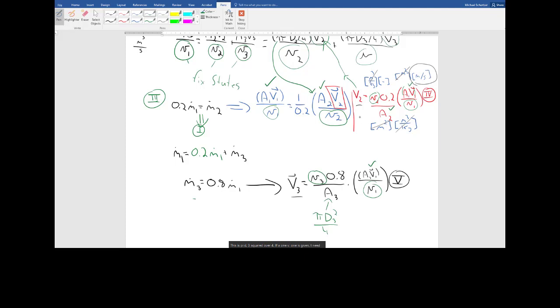And this is going to be pi d2 squared over 4. So if I could fix states 1, 2, and 3, then I'd be able to put numbers into these equations and get answers. That make sense?